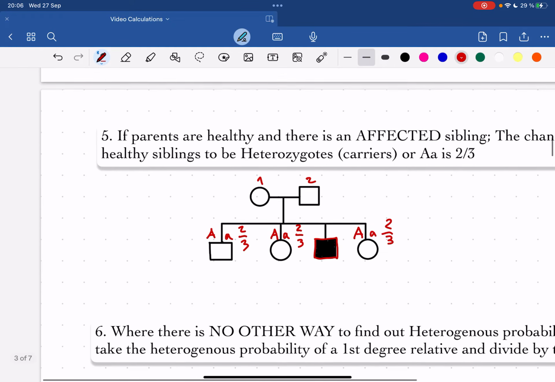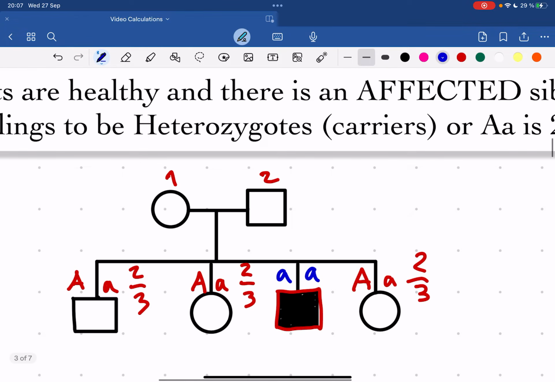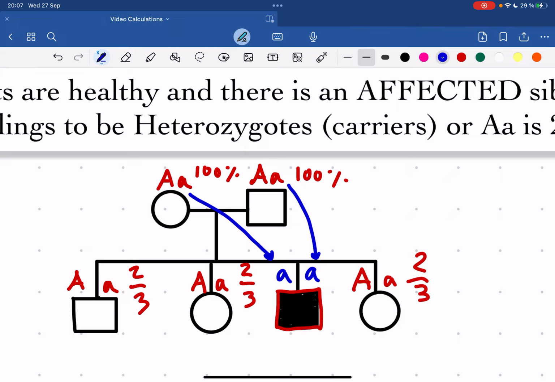That's why when we go down to here, we can see this child is 100% sick because they're affected, they're colored in. And the parents being healthy, that means the parents also have to be 100% heterozygous. The 1 allele from the father, 1 allele from the mother. That's sort of how this works.